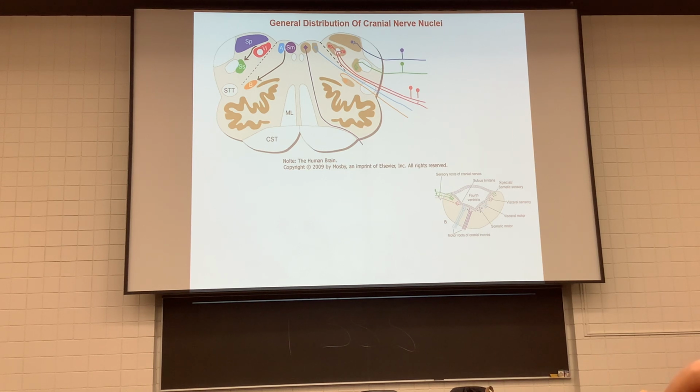Okay, so I want you to become really familiar with this little diagram. You're going to see it on a lot of the slides today, because this is really going to help you. But this is basically the same thing. So when we're talking about somatic motor, and again, I told you we were going to come back to cranial nerves, there's only 4 cranial nerves that have somatic motor function.